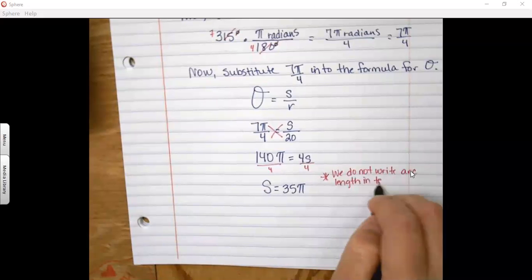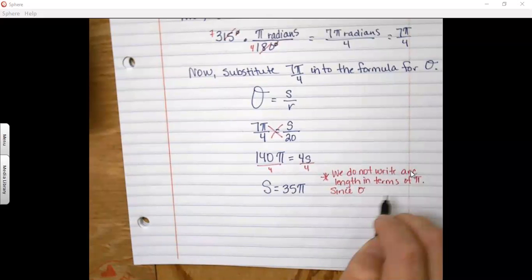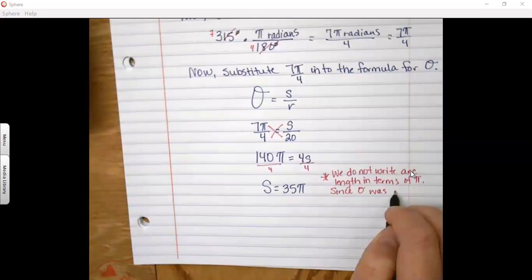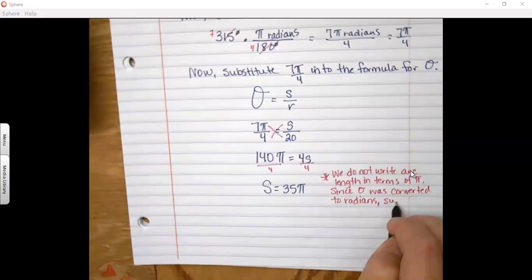So since theta was converted to radians, substitute 3.14 in for pi.